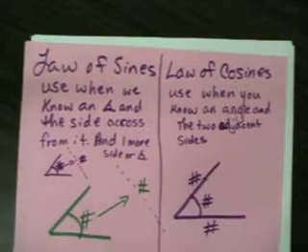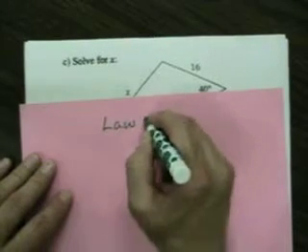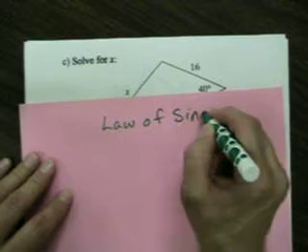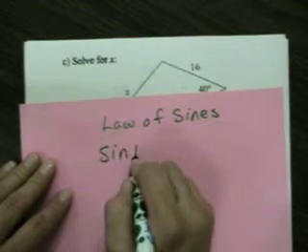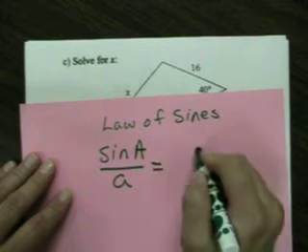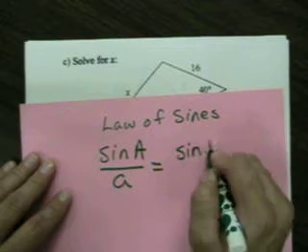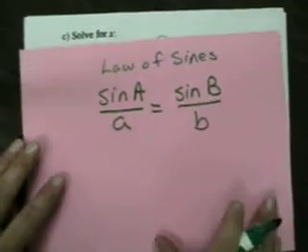Now, I forgot to write these out, so I'm going to write them out real quick. This would be a good one to have in your notes, but I'm going to use a shortened form. The law of sines, just one form of it, is the sine of an angle over the side across from it will equal the sine of an angle over the side across from it. That's the law of sines.